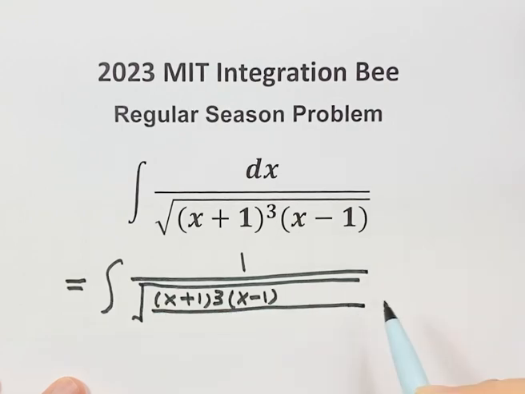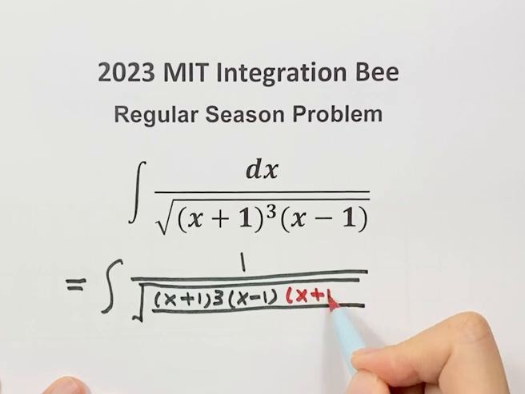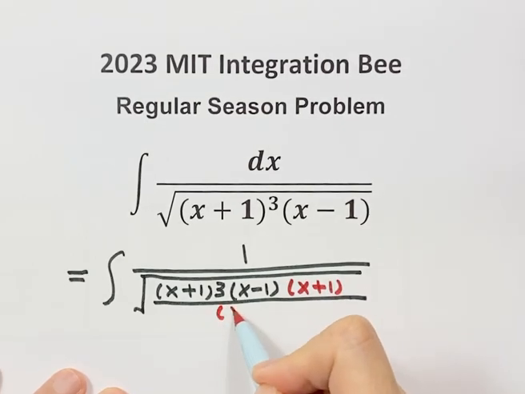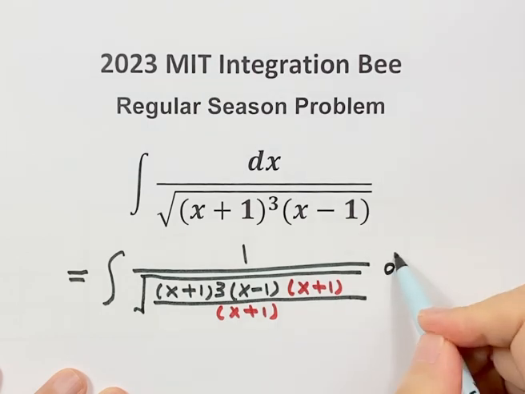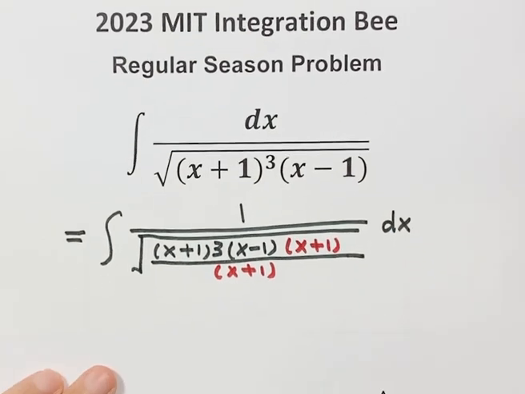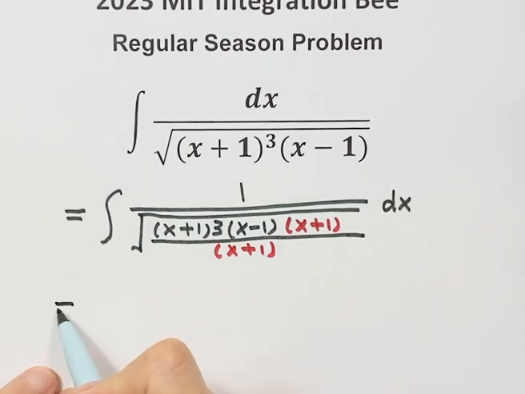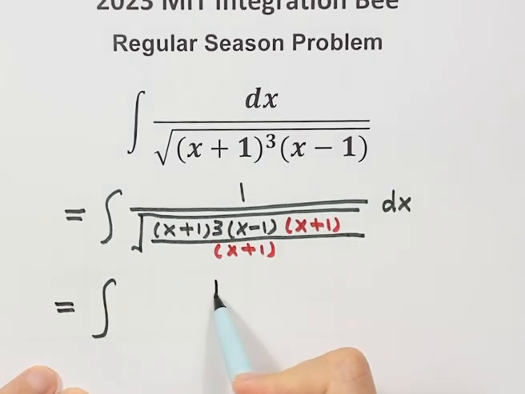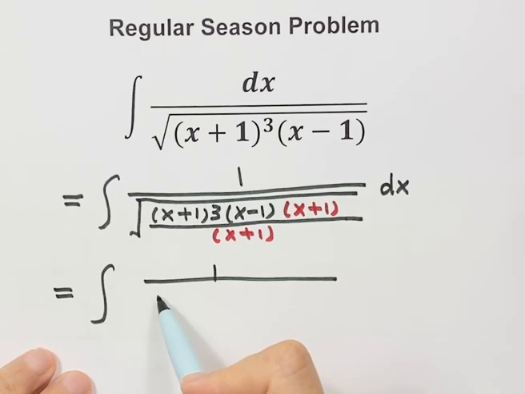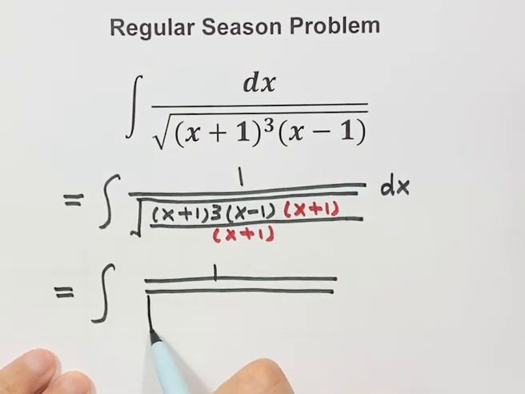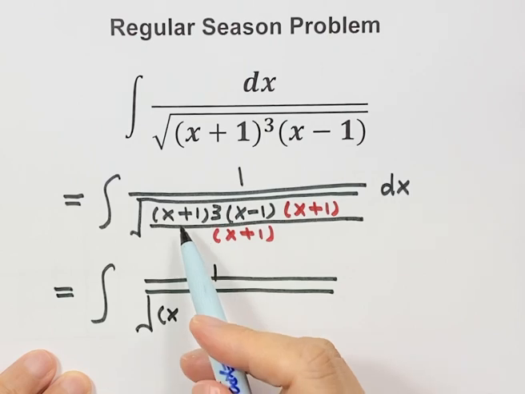Then both top and bottom times x plus 1. Here, x plus 1. Then next, we are going to combine these two terms together. Then we have, then here just combine these two together.